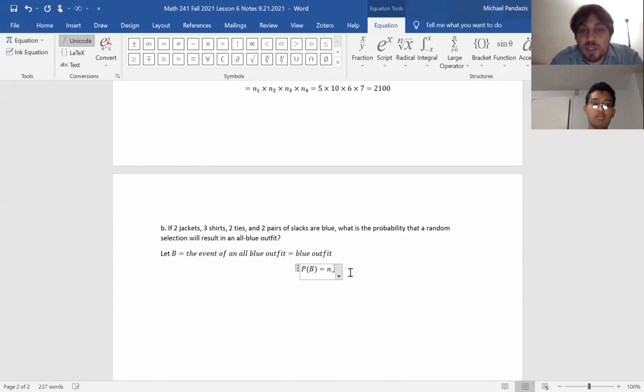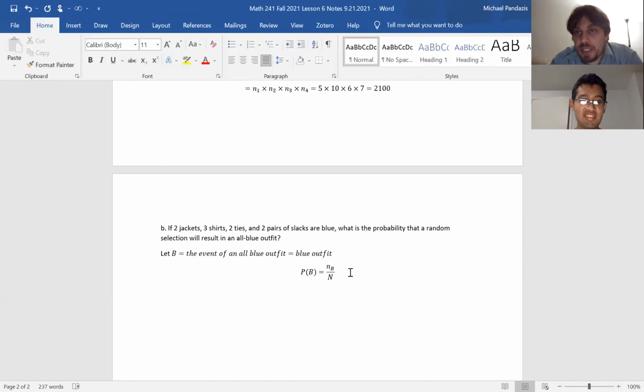So P of B, using the terminology of our theorem 1.4, right? P of B is equal to N sub B divided by capital N, where N sub B, the numerator, is the number of sample points in the event B. And capital N is the number of sample points in the sample space.